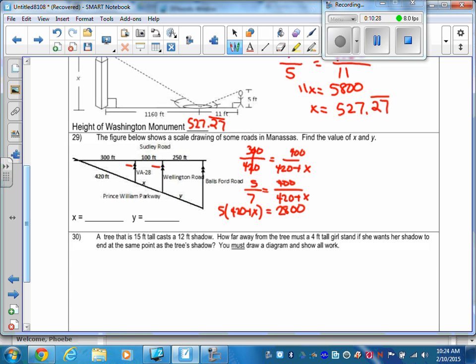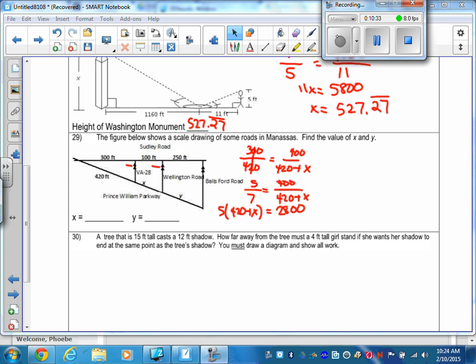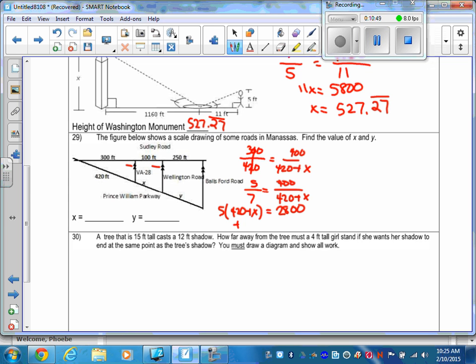This times this. So what is 5 times 420? 5 times 420. 2,100 plus 5x equals 2,800.